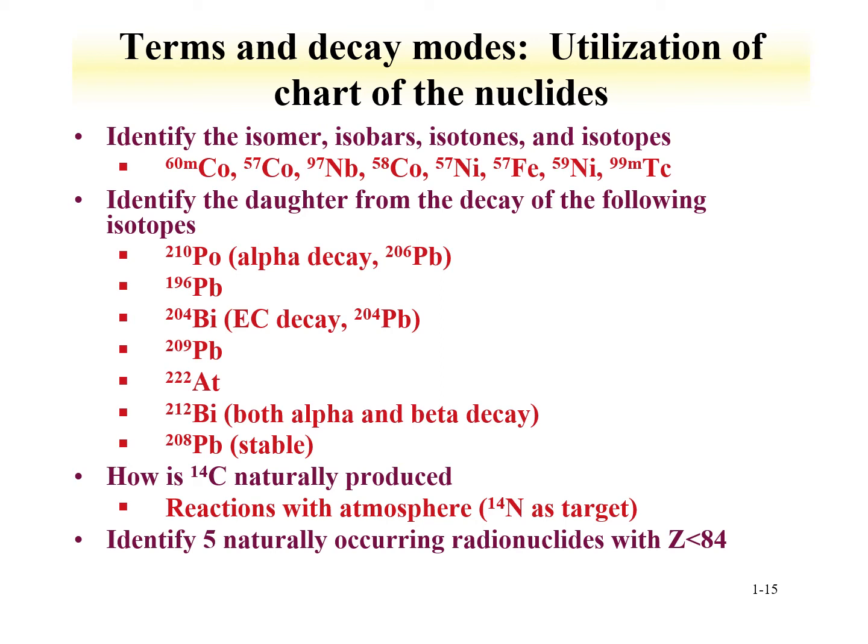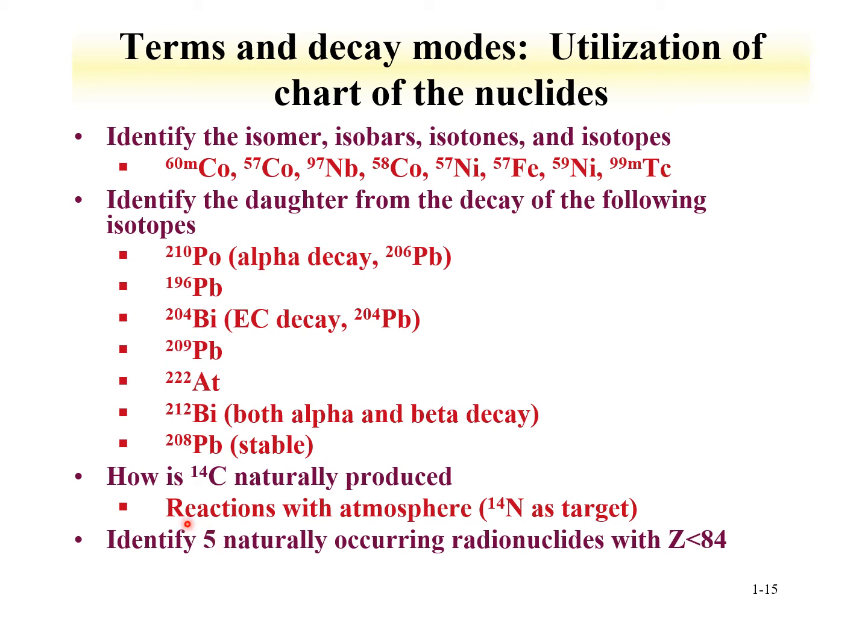You should be able to get an idea of how some isotopes are produced. For instance, carbon-14, naturally occurring radioactive carbon, half-life around 5,000 years. It's from reactions with atmospheric nitrogen. So if you looked at nitrogen-14, you can figure out what reactions are necessary to remove a proton from nitrogen-14 to make carbon-14.